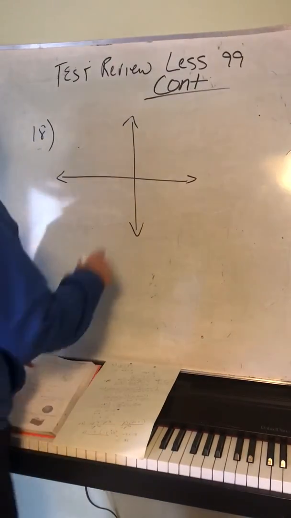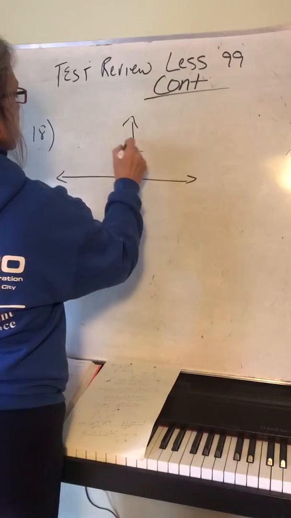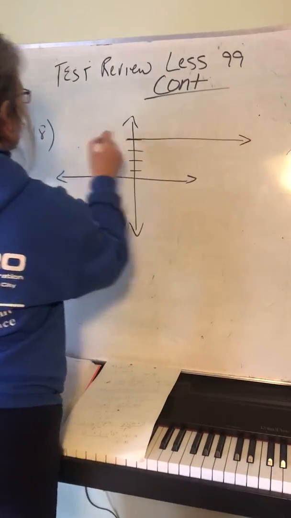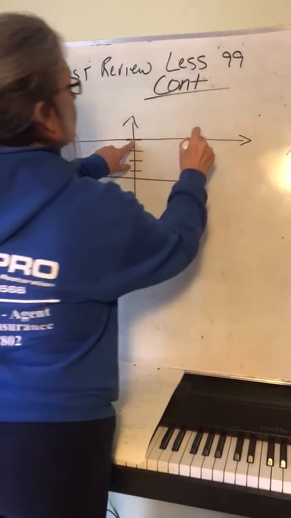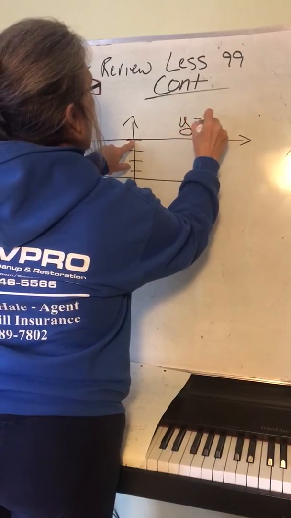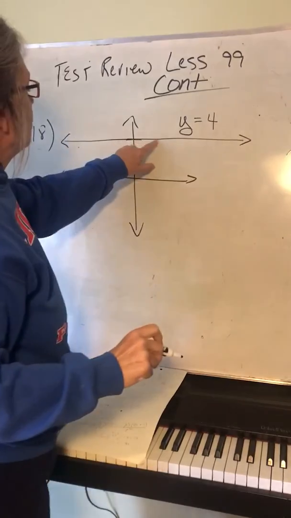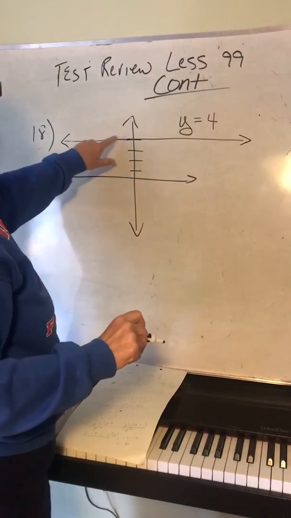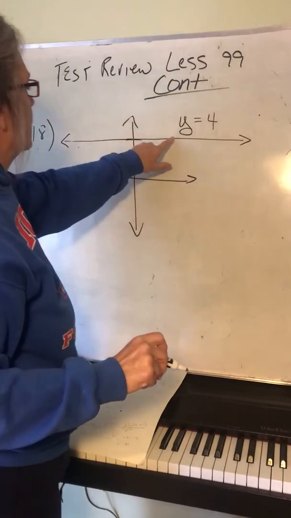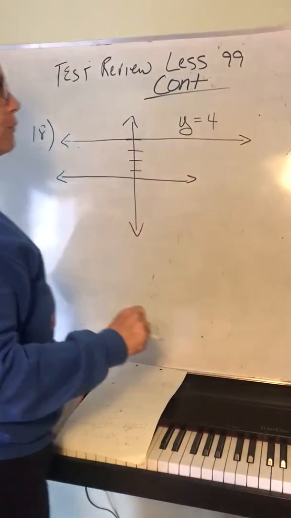This line here is 1, 2, 3, this is on 4 here. And this line right here is just graphed as y equals 4 because every point on this line is going to be 4 of y. When you graph any point on this line, y is equal to 4.